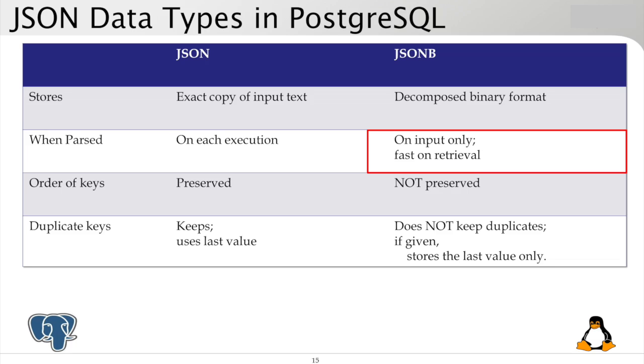And the JSONB type is a decomposed binary format, slightly slower to input, but significantly faster to process, since no parsing is needed after storage. And JSONB does not preserve the order of the key value pairs, and it does not keep any duplicates.